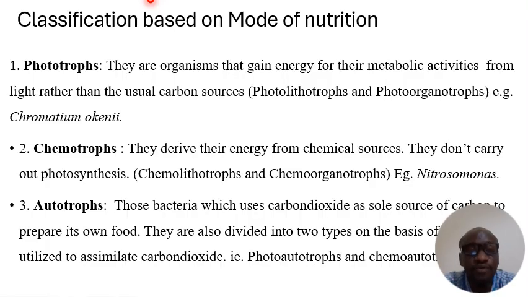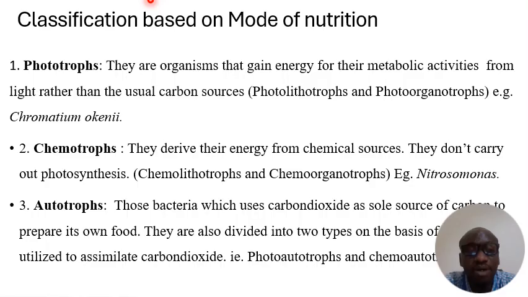Then we have the autotrophs, which use carbon dioxide as their carbon source, but their energy source varies. Autotrophs are those that actually use carbon dioxide as a sole source of carbon to prepare their own food.